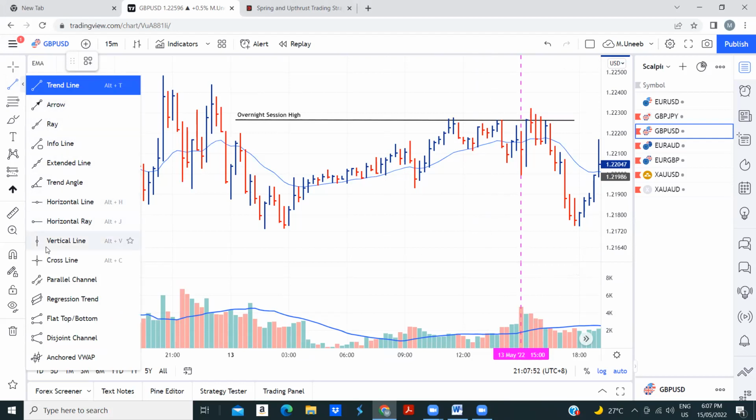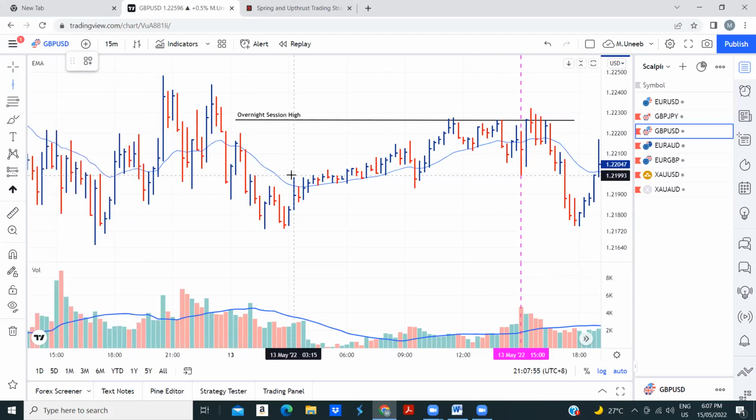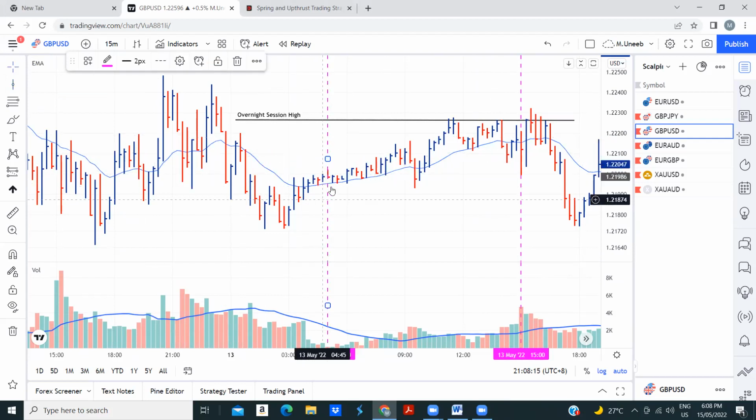At what time of your time? 5 a.m. of your time. Sure, 5 a.m. here. This is the point where the New York session was closed.